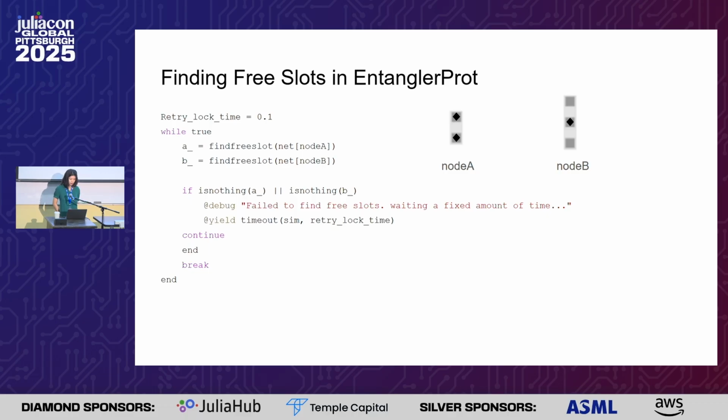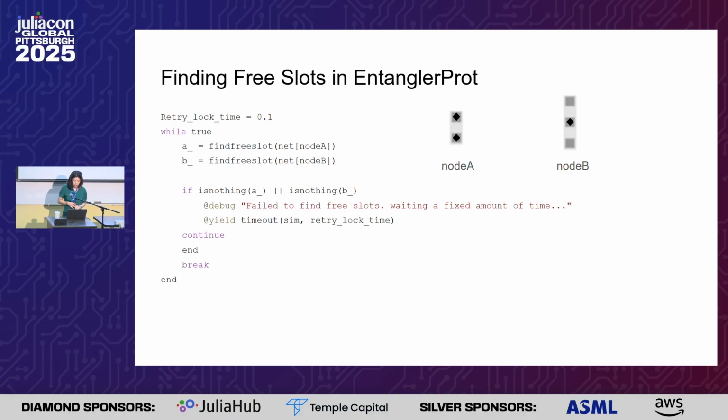Now let's look at how the entangler protocol in the protocol zoo handles finding a free slot. Here we have a while loop that repeatedly checks for available slots on both node A and node B. If either of them returns nothing, then the protocol waits for a fixed amount of time. Here it's 0.1 before trying again.